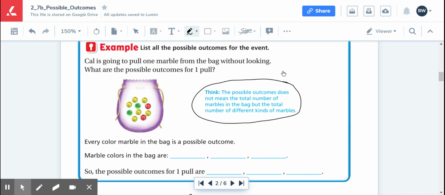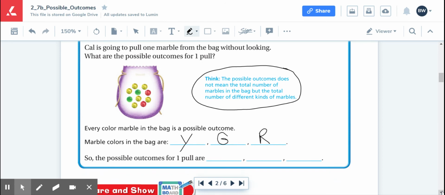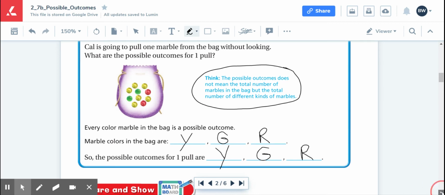So every color marble in the bag is a possible outcome. The marble colors are yellow, and I'm going to make a Y for yellow, green, and red. Those are our possible outcomes. The possible outcomes for 1 pull are yellow, green, and red, because we only are pulling 1 marble and we don't know which one we are going to pull. So we could pull any of those.